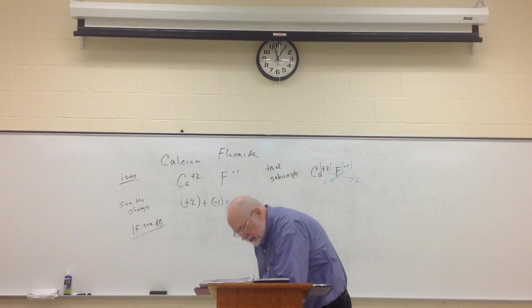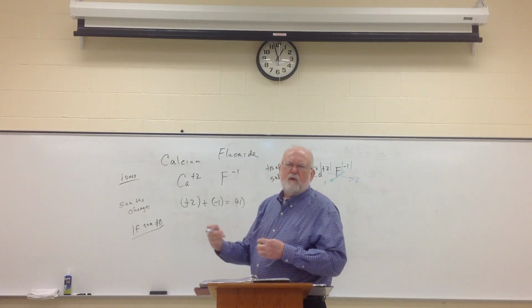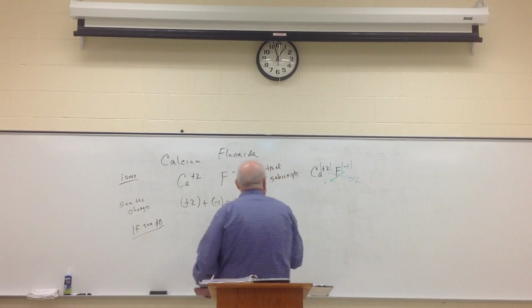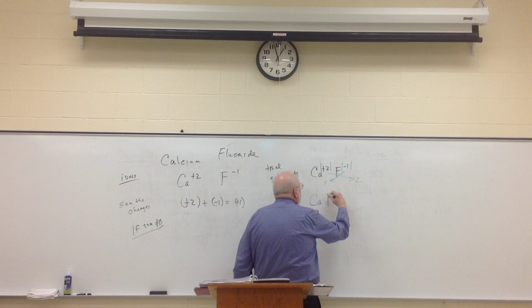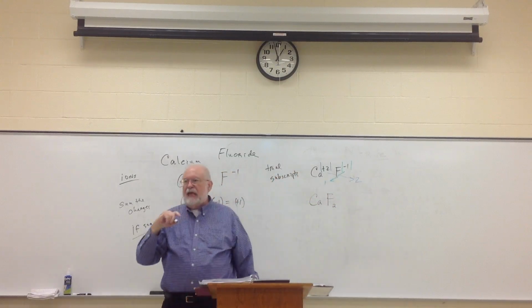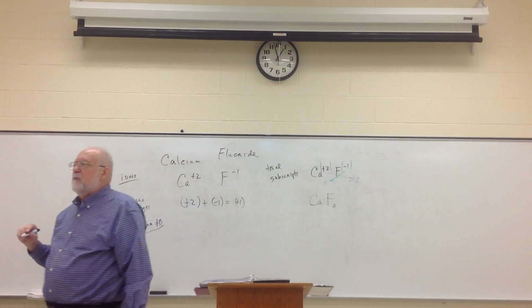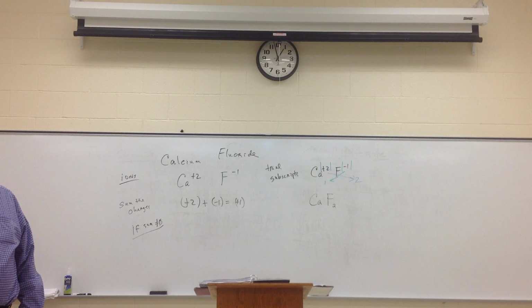All right, so let's put it now in something that more resembles final form, and then we'll check it out. So if we go with that, we're going to have 1 calcium and 2 fluorides, right? And there it is. 1 calcium, the 1 understood, but anything above 1 we got to write, so 2 fluorides, there it is, CaF sub 2.